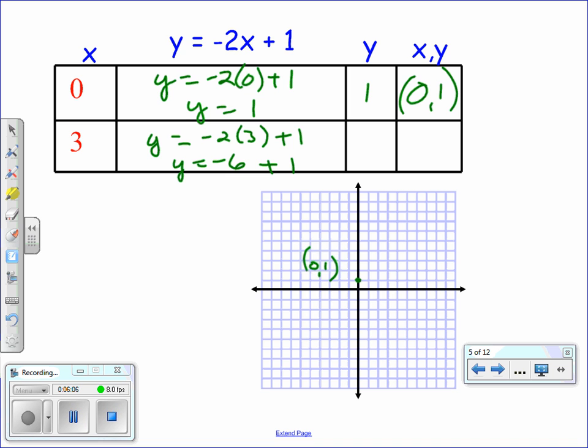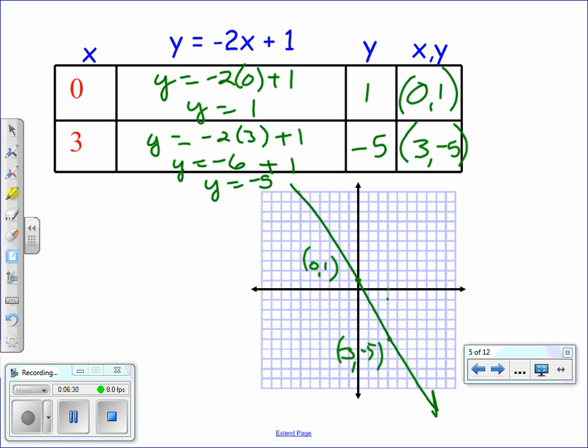When x is 3, y is negative 5. So our ordered pair is (3, negative 5). Over 3, down 5, right here. We draw a line.